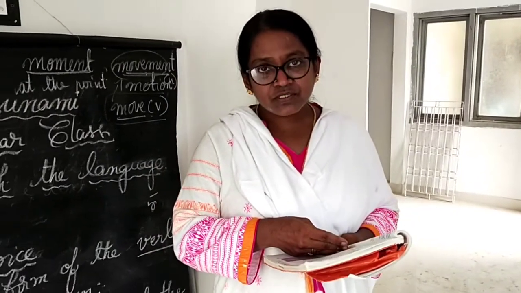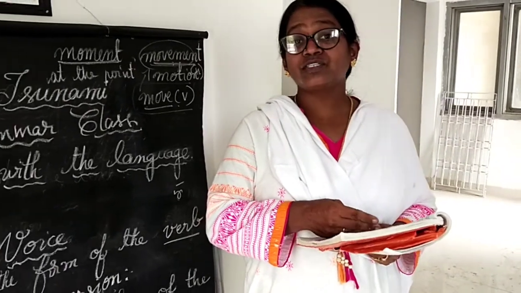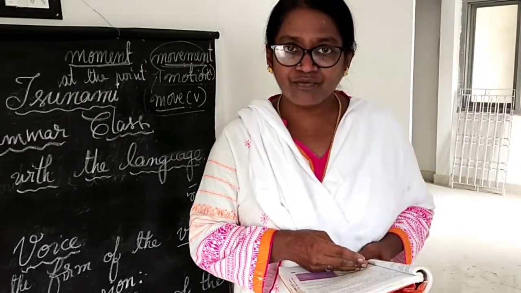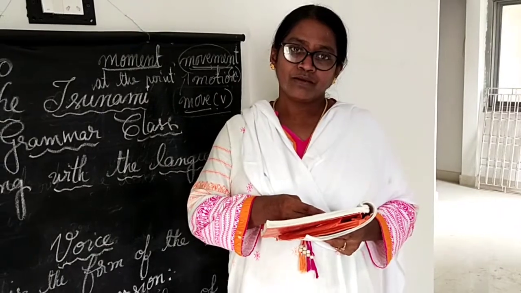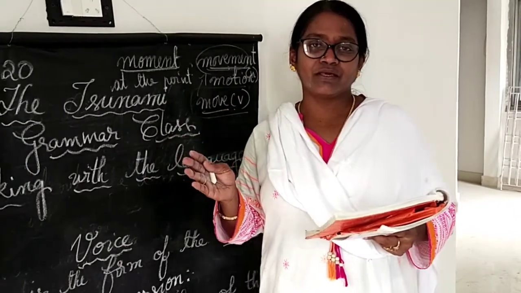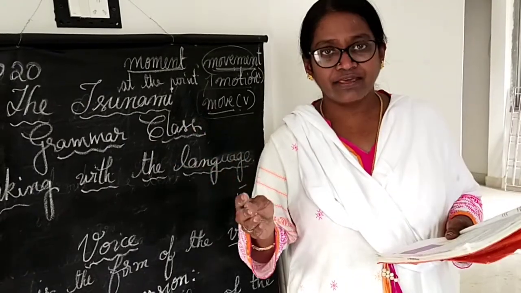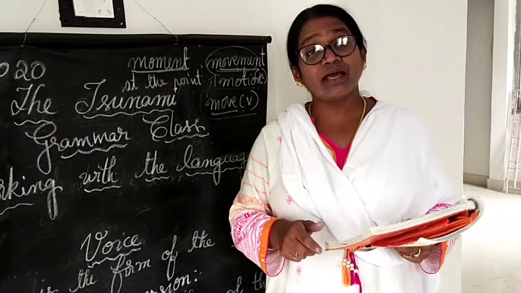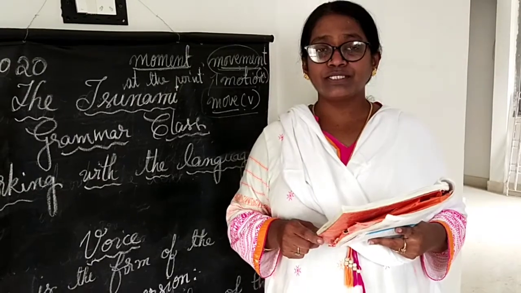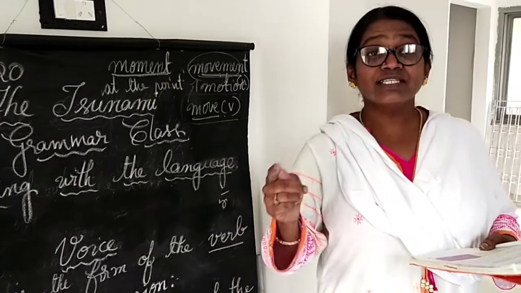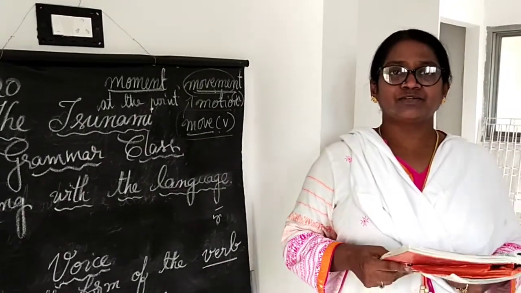By which was she affected? She was affected by the big wave of the tsunami. Who had taken away Meghana? The waves swept Meghana away. So 'The waves swept Meghana away' is in active voice, and 'Meghana was swept away' is in passive voice.